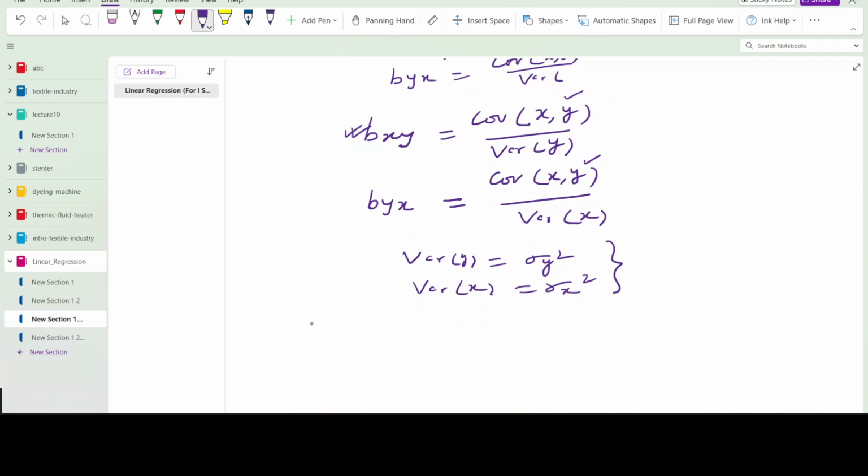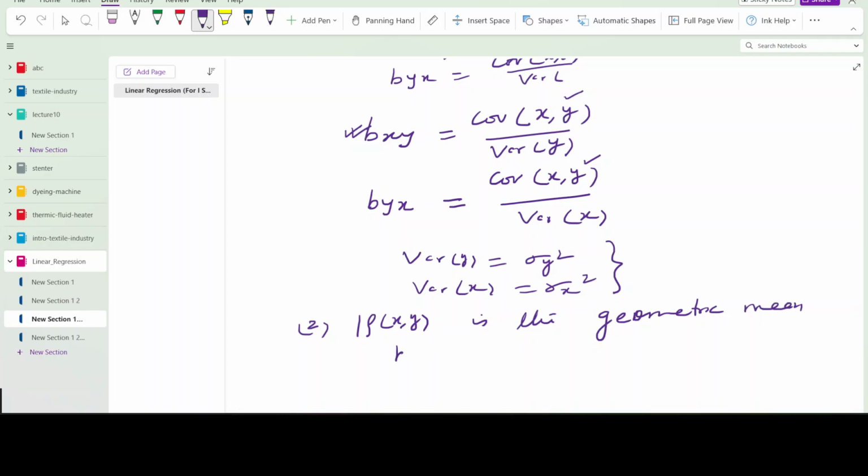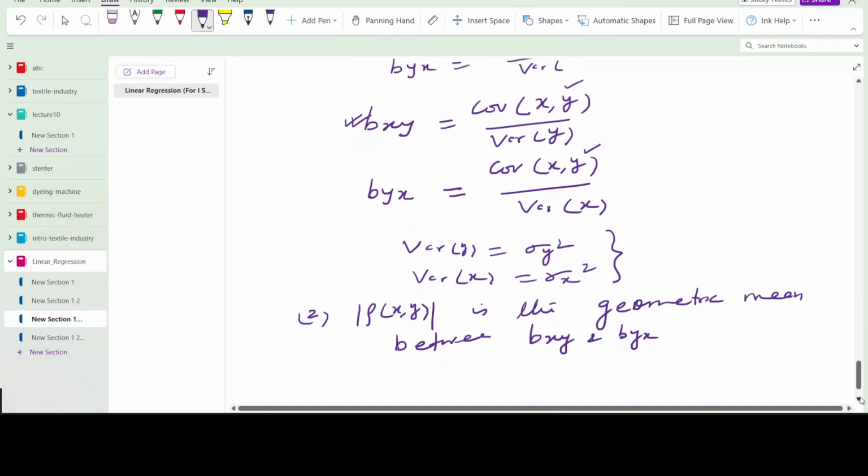The second property is that rho xy is the geometric mean between bxy and byx.